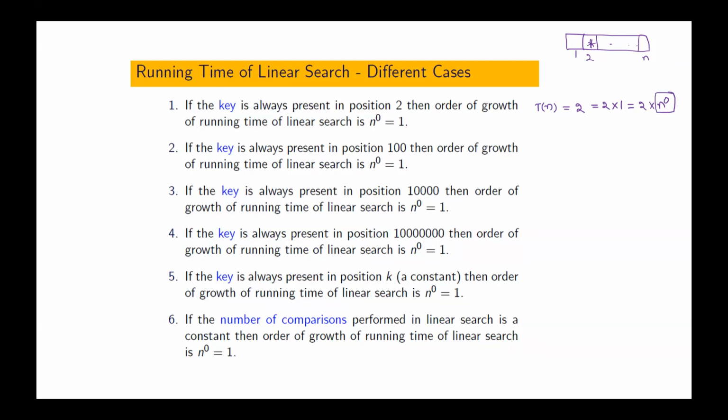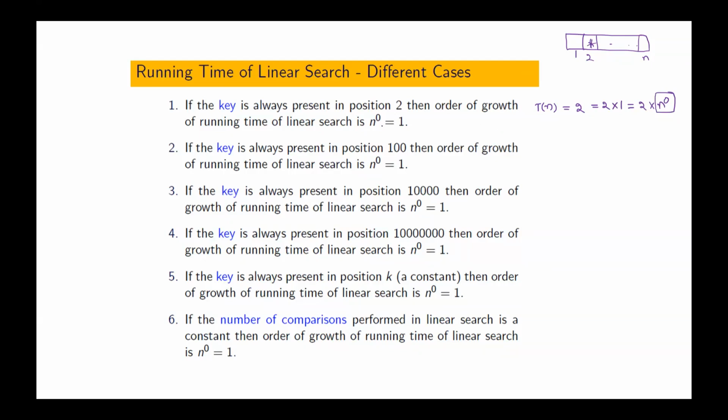Is that okay? Now, if we know that the key is always present in the second position, is its running time the same as the best case running time or not? Yes, sir.